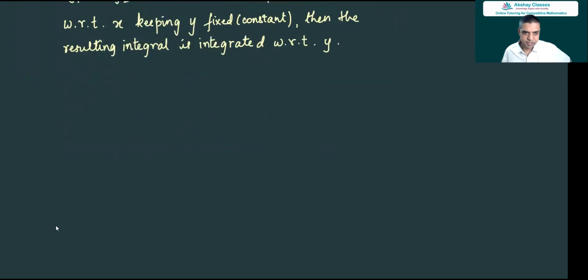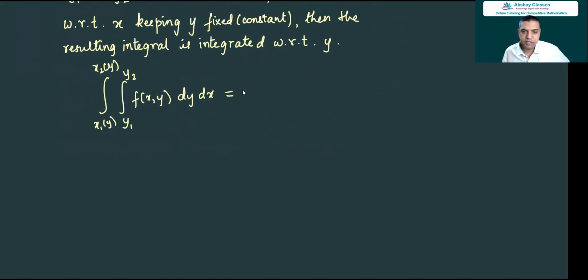So this is how it is done. So we have, let us say, x1 is a function of y, x2 is a function of y, and y1 and y2 are constants.